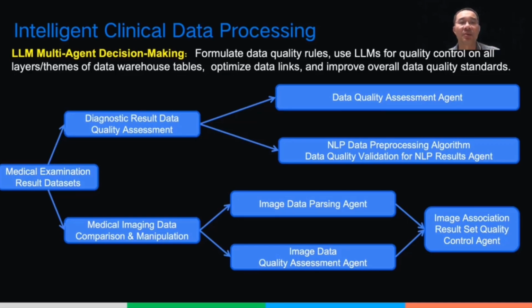We have specialized workflow engines that can autonomously design data quality control rules. They then invoke LLMs to make intelligent quality control decisions on critical data, like examination item results and image results. This involves two key capabilities.